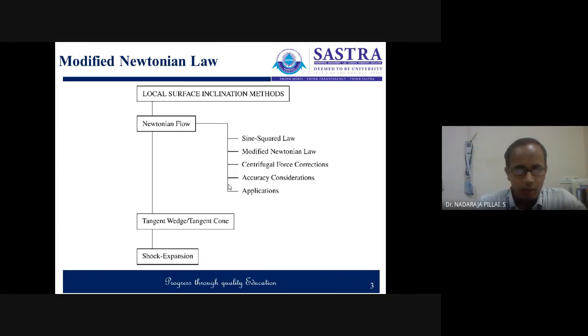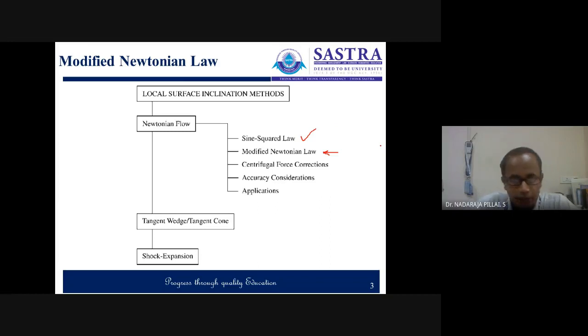For example, in the Newtonian flow, we have already discussed the sine square law. Now we will discuss the modified Newtonian law, and then we will do the centrifugal corrections and the further accuracy considerations and applications.